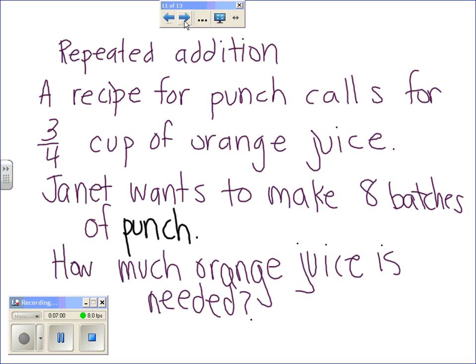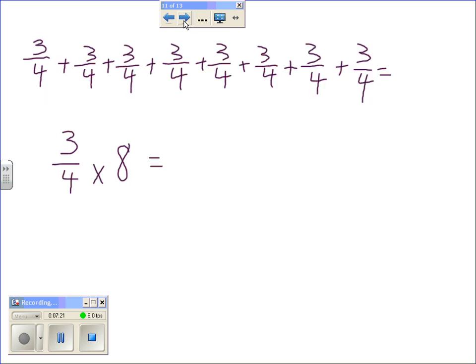We can also use multiplication in a repeated addition scenario. A recipe for punch calls for 3/4 cups of orange juice. Janet wants to make 8 batches of punch. How much orange juice is needed? So we could repeat addition, 3/4 eight times.